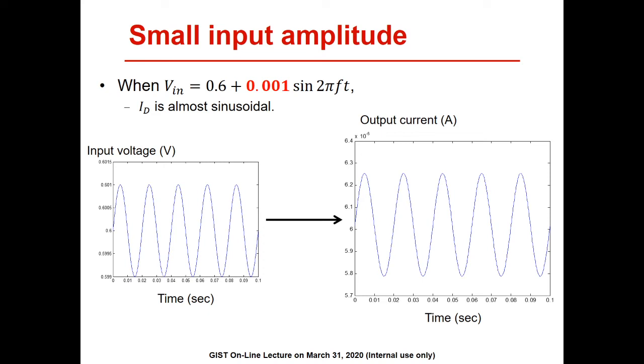Compared with the similar figure in the previous slide, you can immediately notice that the distortion is not that severe. The same diode, the same DC voltage, underlying nonlinearity is the same, but only a sufficiently large AC voltage can detect the nonlinearity.